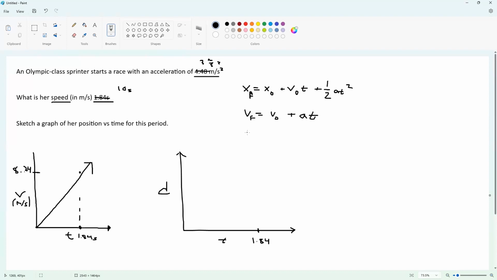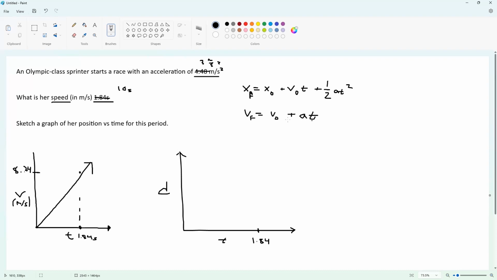Okay, and that's supposed to be equated to y equals mx plus b. For y equals mx plus b for a velocity-time graph, yes.